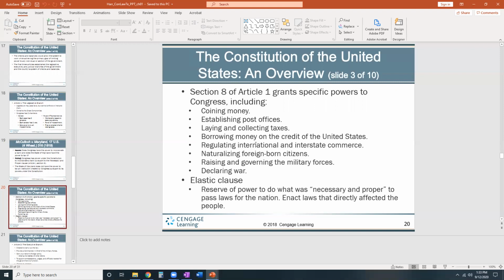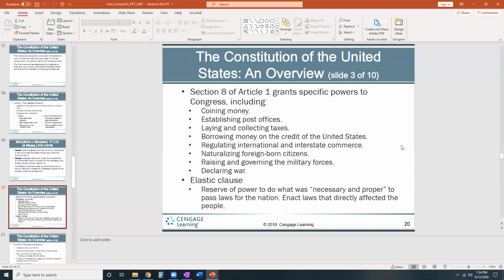Congress has the power to do anything that is necessary and proper to pass laws for the nation, in accordance with the powers that are given under Section 8. So what this means is we can interpret these bullet points very broadly, because Congress is going to have a lot of power in being able to pass laws that somehow impact these and other powers that the U.S. Constitution gives. Okay? So that's Article 1.